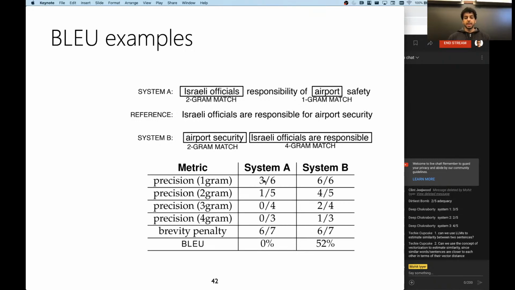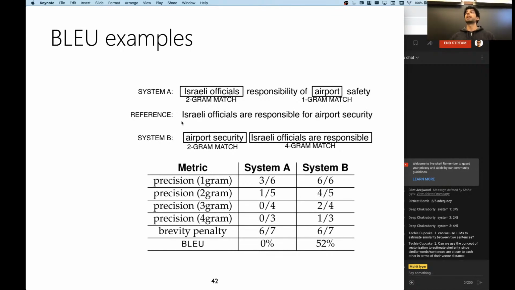So for system A, we have 3 of the 6 words that occur in the reference. Meanwhile, system B has just reworded or shuffled the words in the sentence. All 6 words in system B occur in the reference translation, so it gets a 6 out of 6. So far system B is doing great here.